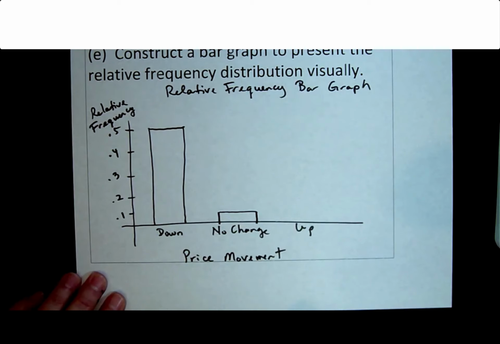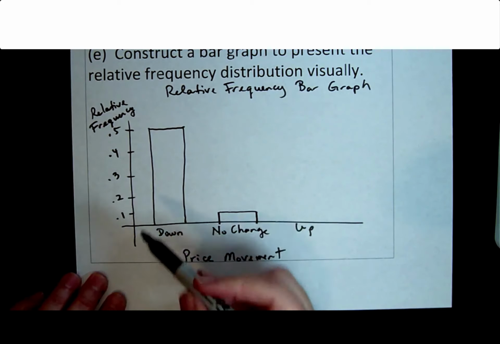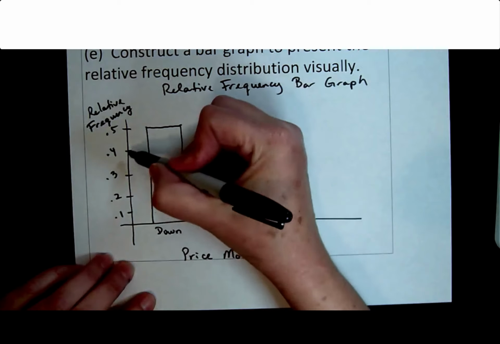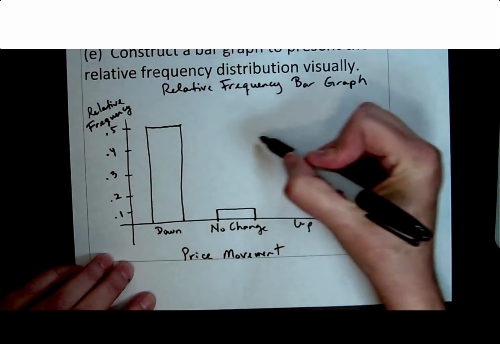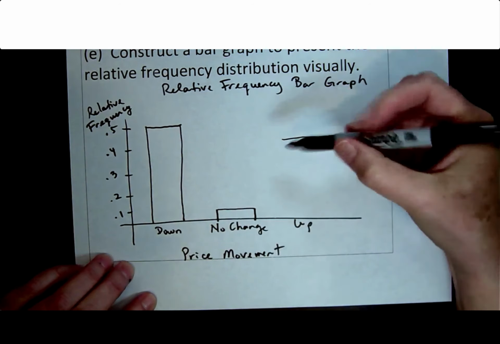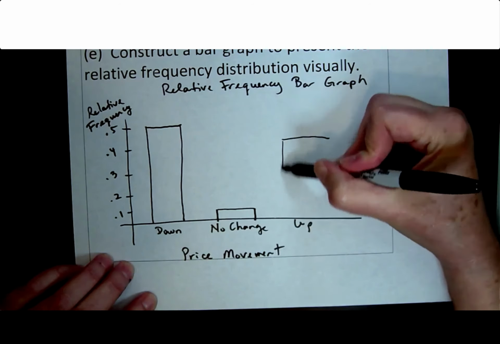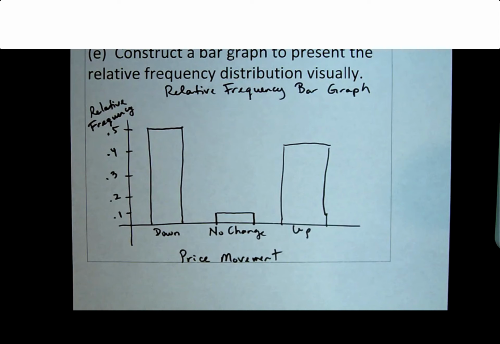And the relative frequency for up, 0.433. Okay, and then 0.433 is going to be a little bigger than 0.4. So something like that, right? A little bit bigger than 0.4. So that's our relative frequency bar graph for this data. Hopefully that went okay for you. If not, again, just get some help from me.